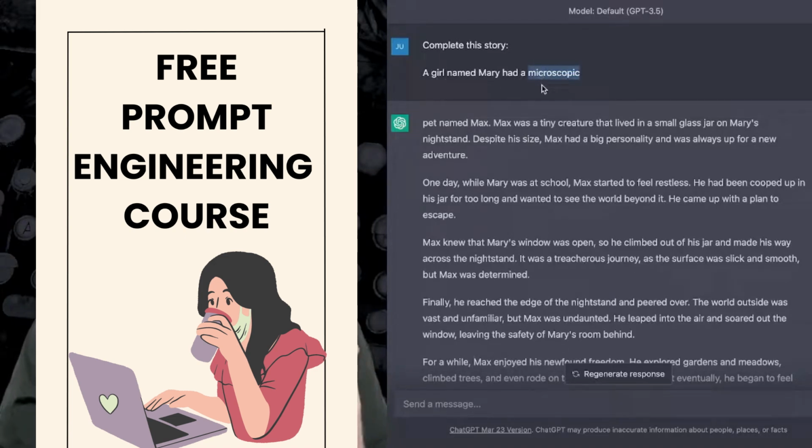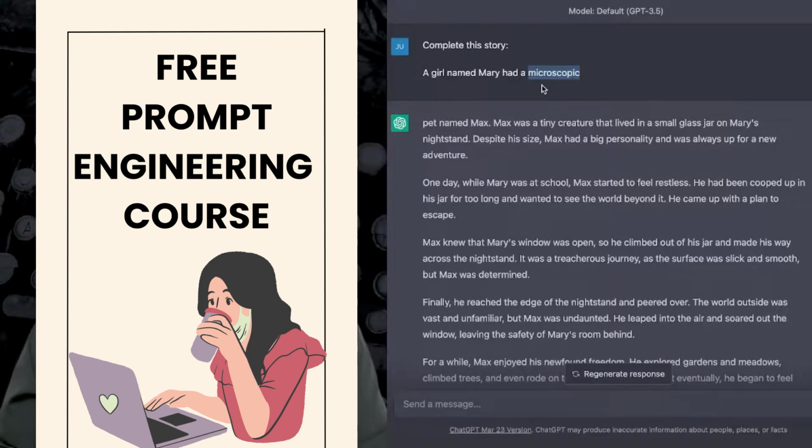So "microscopic" is a word that is fundamentally going to change the behavior of this prompt because it's such a strong word. "A girl named Mary" is sort of generic. There were probably lots of stories with a girl named Mary. But "microscopic" has all of this feeling and implications to it, and that's going to then influence the large language model's output.